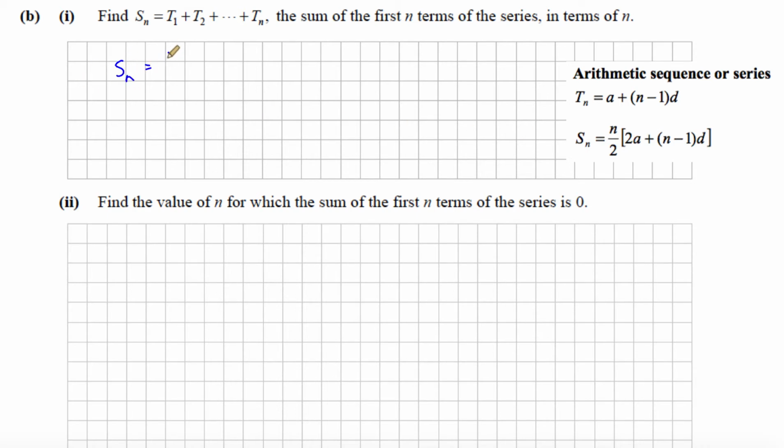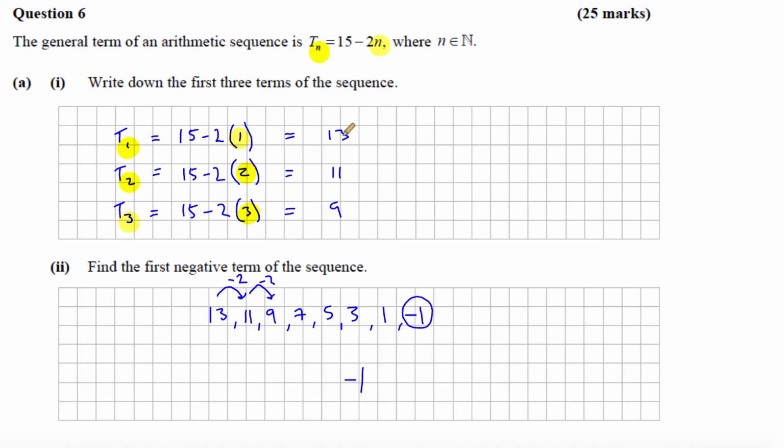Sn is equal to n over 2 times 2a plus n minus 1 times d. So a will be the first term of the sequence, and d will be the common difference of the sequence. Our first term in the sequence was 13, and the common difference then was minus 2 because we're going down in twos.